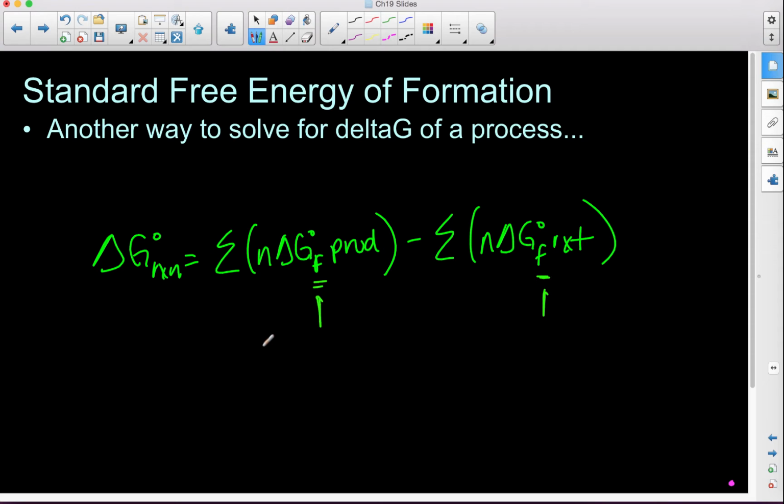It's just like the standard enthalpy of formation, wherein elemental things in their standard states at 298 are 0. For example, H2 gas at 298 has a delta G of formation of 0 because there is no energy required to make it what it is. So we can use this to solve for delta G in addition to our other method, delta G equals delta H minus T delta S.